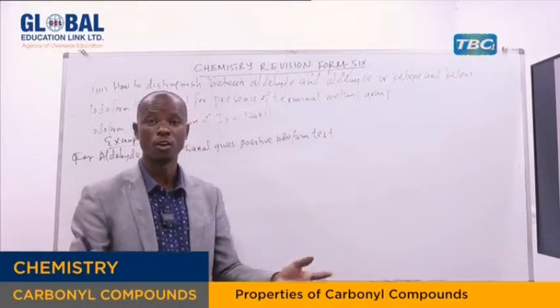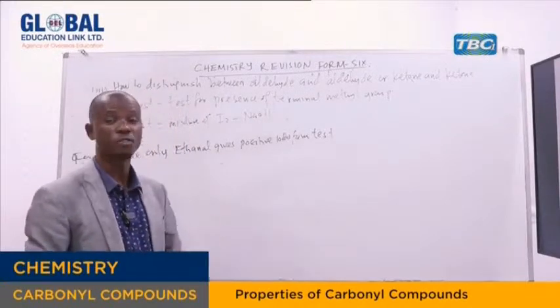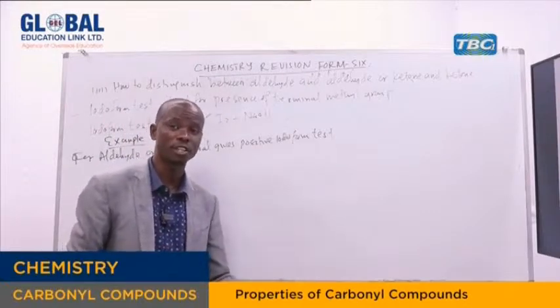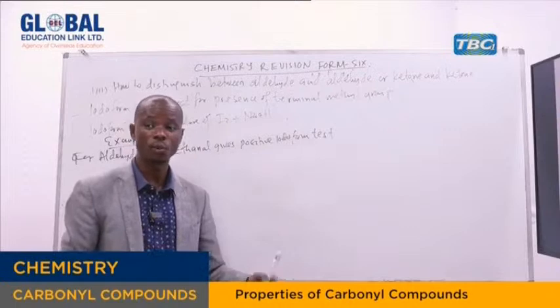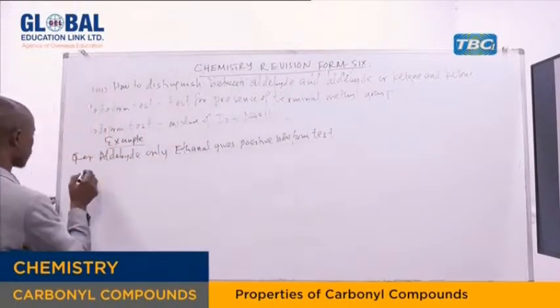But the rest of the alcohols will not give the positive iodoform test. So you can be told to differentiate between ethanol, for example, and propanol. Ethanol will give a positive iodoform test, propanol will not. Example here.